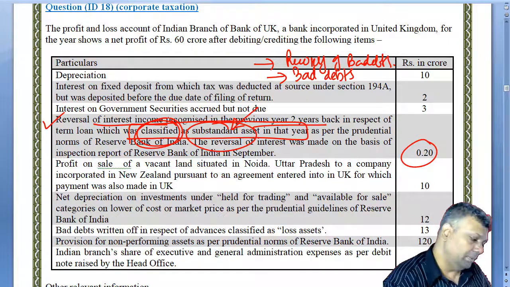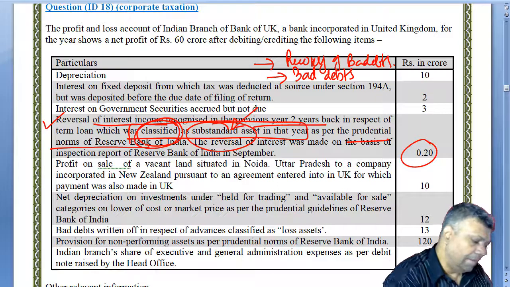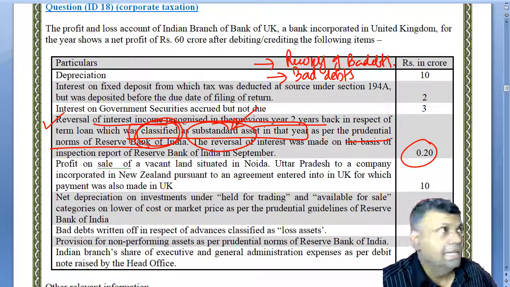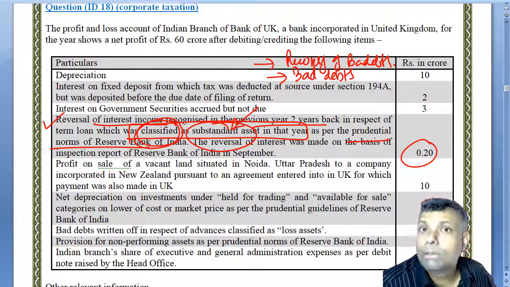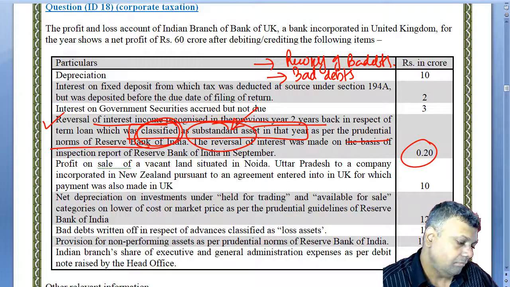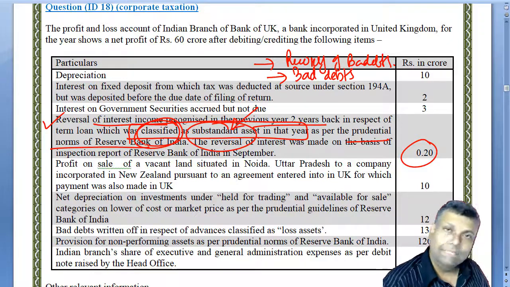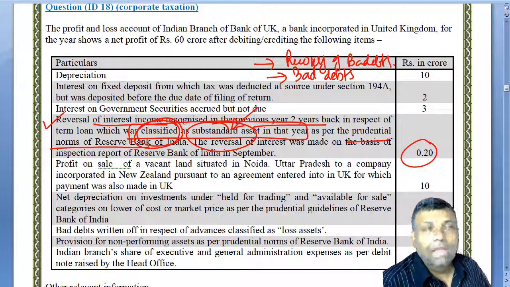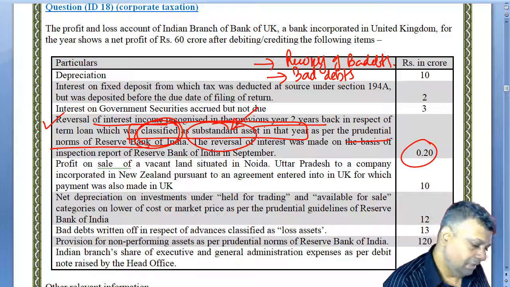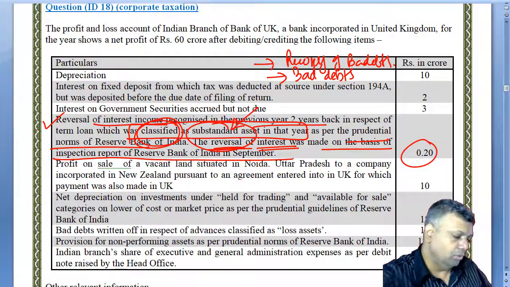And it should be as per the prudential norms of the Reserve Bank of India. That means the banker cannot call each and every bad debt so, because classification of the bad debts or bad loans or substandard assets is done as per the banking rules. So that was already done 2 years back. Just understand it this way: it was already substandard, that means it was already bad 2 years back. Now the reversal of the interest was made on the basis of the inspection report.